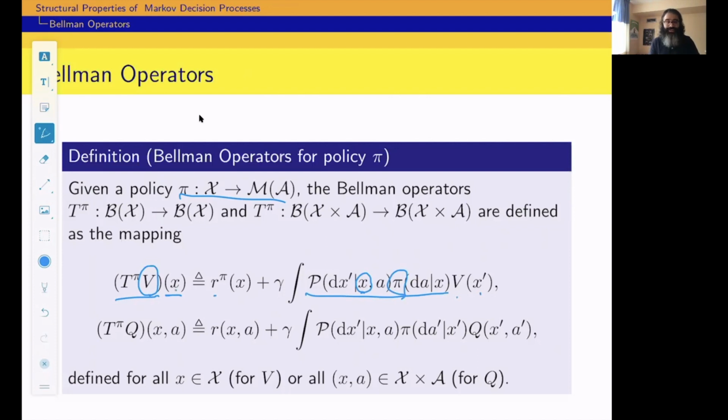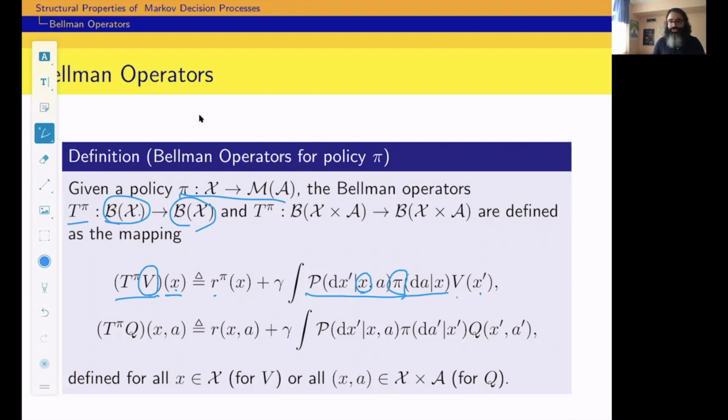The value at state X is specified here. That's why I'm showing it here when I define the domain and range of it. T pi is taking a function from the space of bounded functions defined over state space X, to the space of bounded functions over state space X.